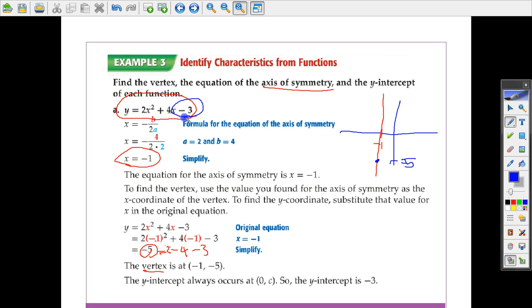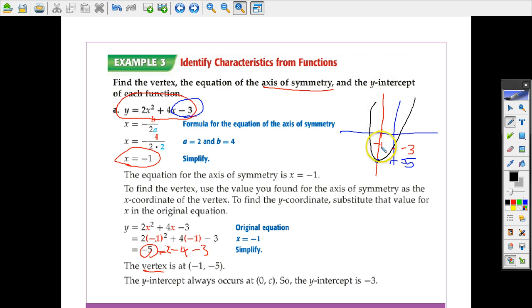It's right there, so the y-intercept is at negative 3. So now we have all our points. Here's the minimum, and that's where it's going to meet on the y-axis. So go ahead and draw that curve there.